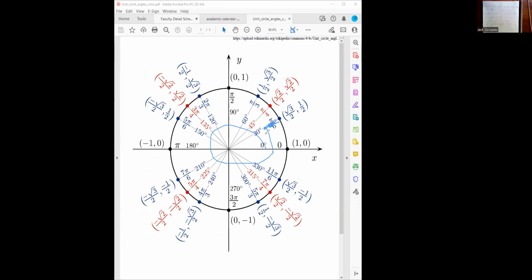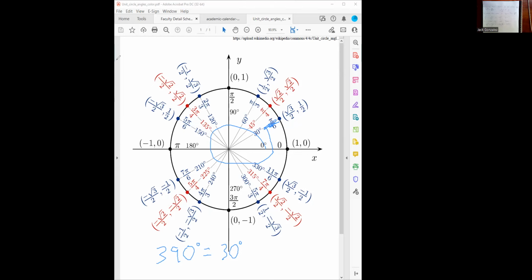So 390 is coterminal, meaning it's the same as 30 degrees. Coterminal just means you have an angle represented by a different angle. If I add another 360, I'll land there again. It's a different number but the same place. The answer would be quadrant 1.